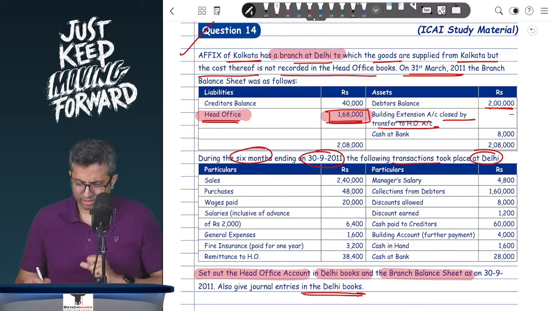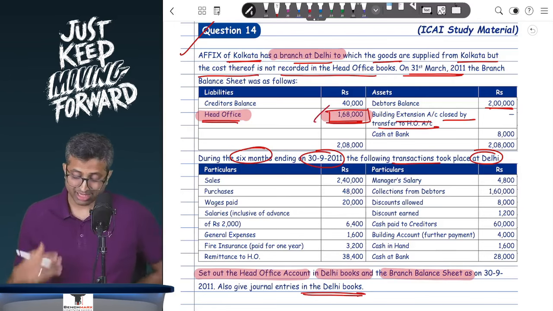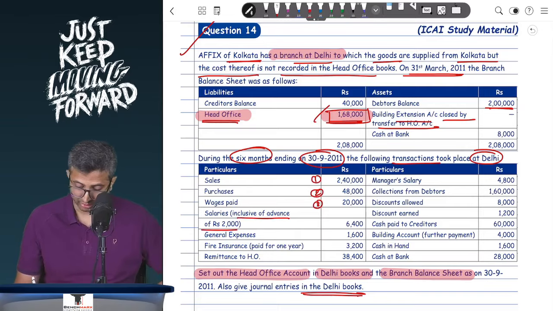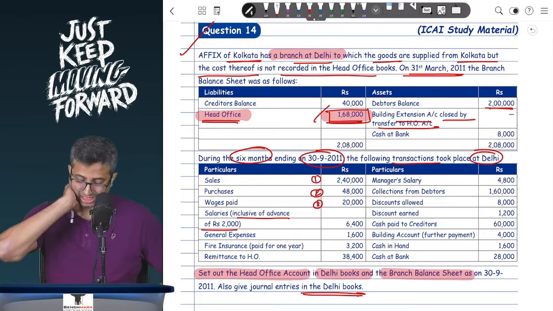So when I prepare the branch account, the opening balance will be 1,68,000. Now why will this balance change? It will change because of sales, which is attributable to the HO, purchases, wages. Now salaries is inclusive of advance of 2,000. So this is not an expense per se.